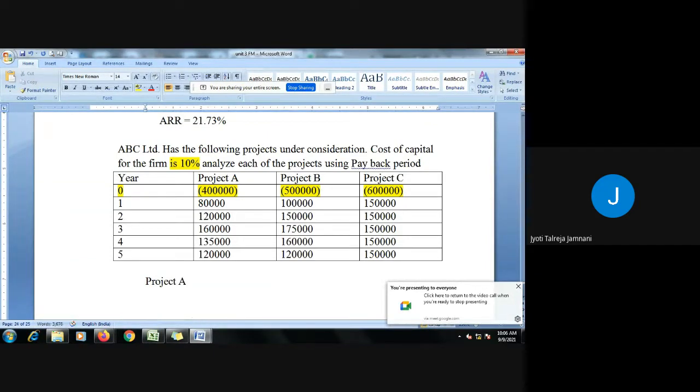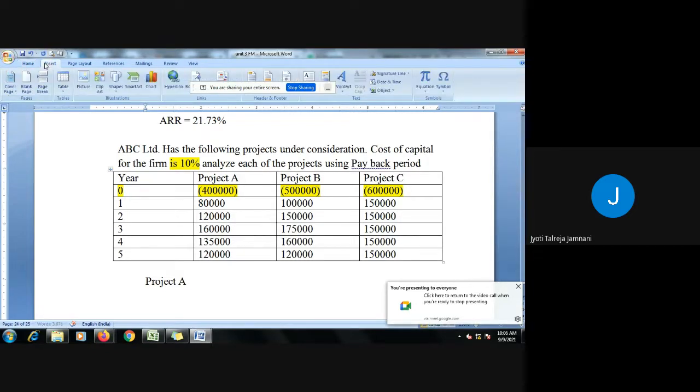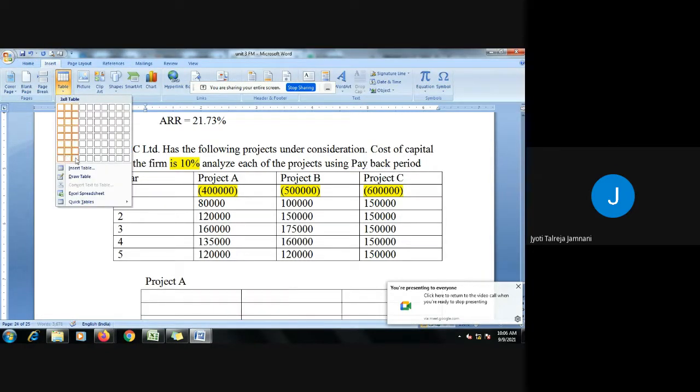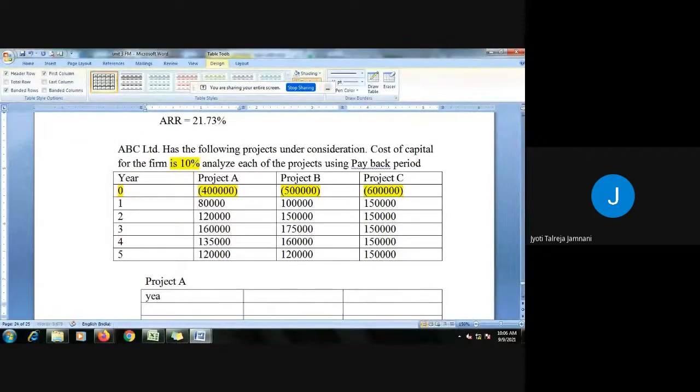So for project A, make 3 columns. Here, years, cash flow, and here I'll write recovery. And in this we will write the initial investment, 4 lakh.